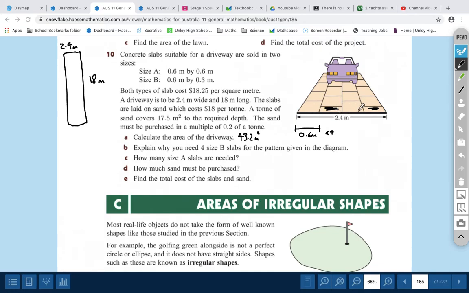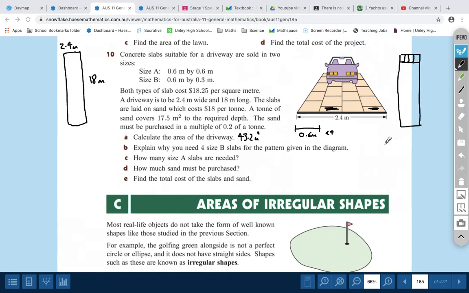So you fit 4 across. Now you've got 18 metres long. Let's think about the length. And we had 4 across: 1, 2, 3, 4.